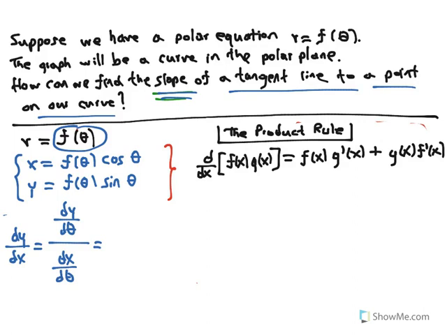To find dy d theta, we will recognize that y is a product of f of theta and sine theta, and we will find the derivative of the product by using the product rule.